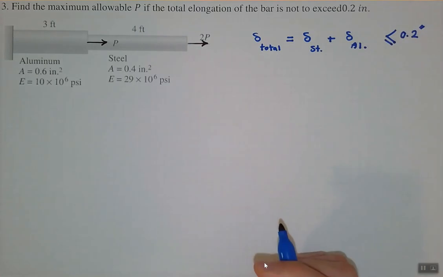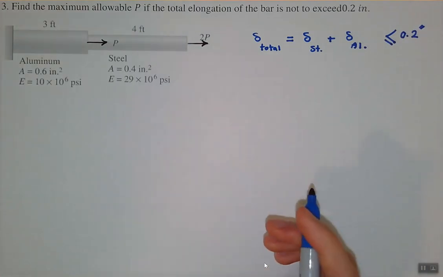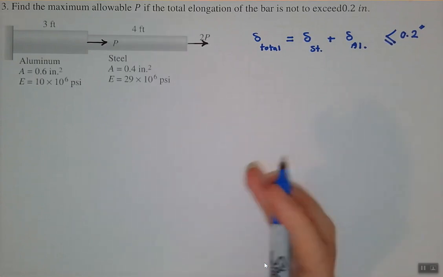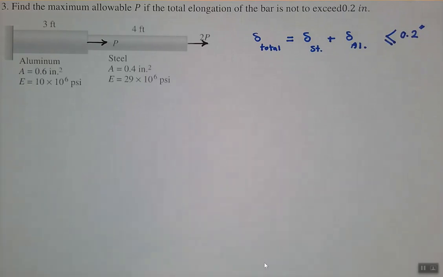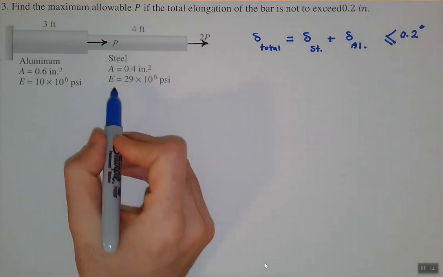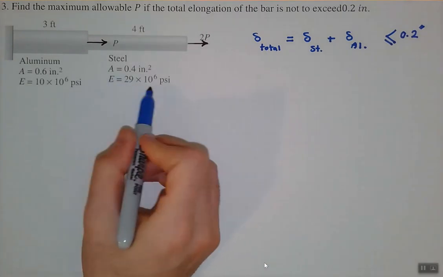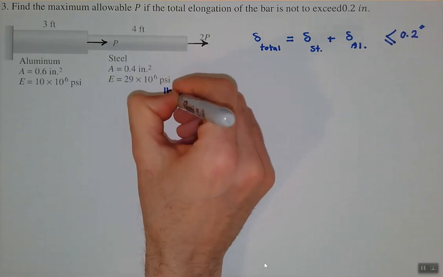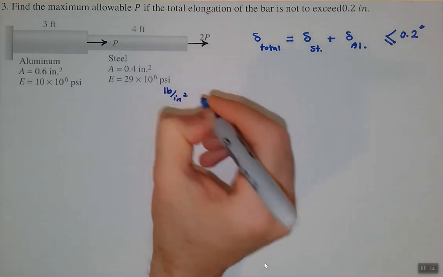So the next step, as I explained in the lecture, is to make sure that all our quantities are in the same units. So we look at E, which is in PSI. PSI stands for pound per inch squared, as I explained during the lecture.